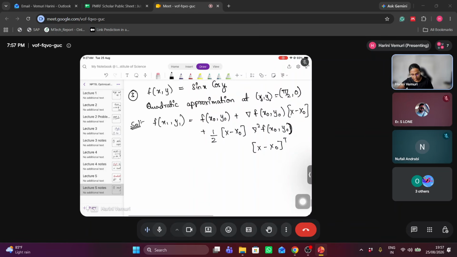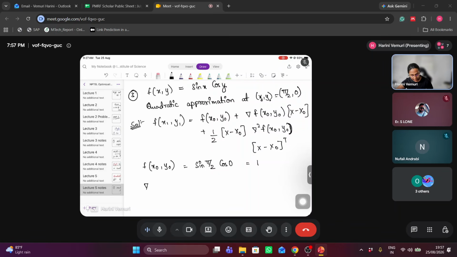Right? So first let's find f of x0 comma y0. That is sine pi by 2 cos 0. So it's 1.